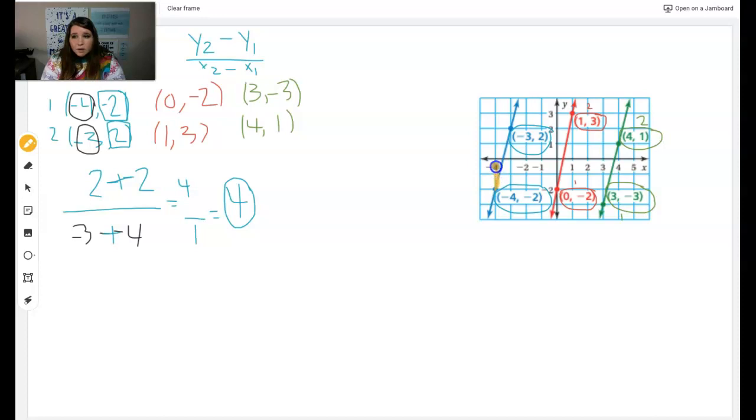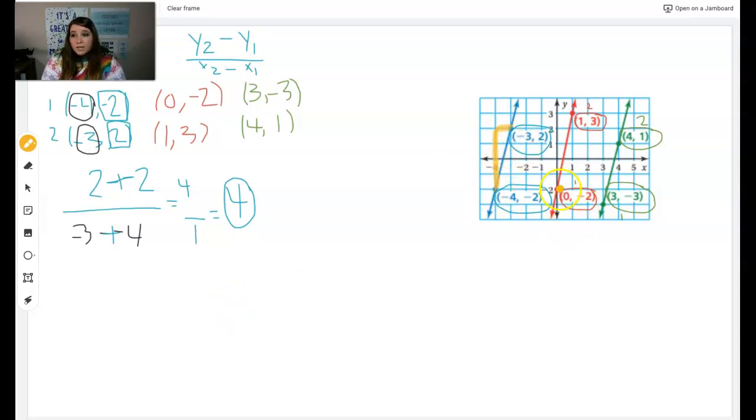Rise 1, 2, 3, 4, there's our 4 on our rise, and then our run, we run until we get to the dot, and that is 1, or 4 over 1. That is the slope of the line. The steepness in this line is up 4 over 1 between these two dots.